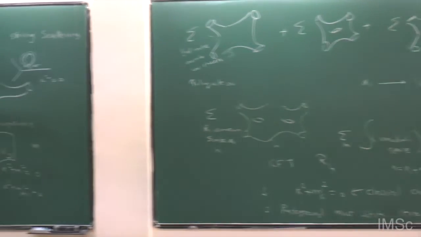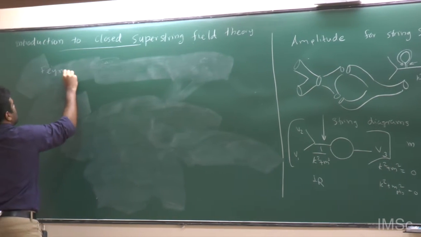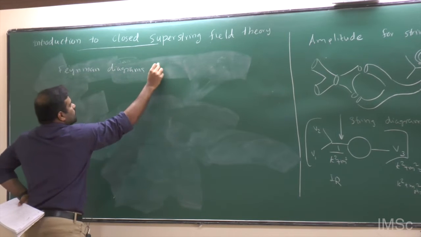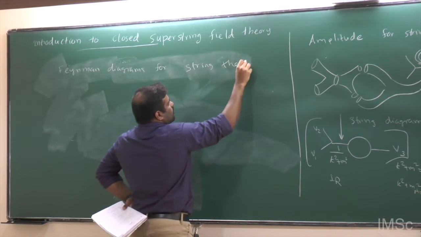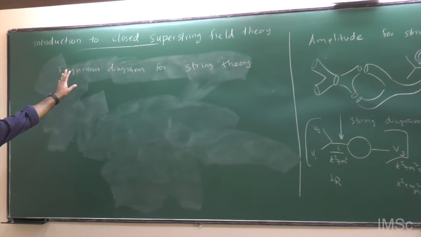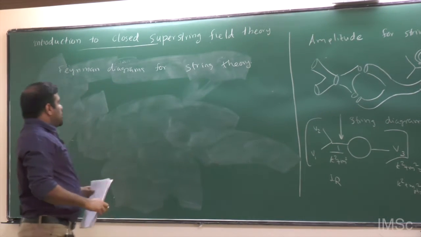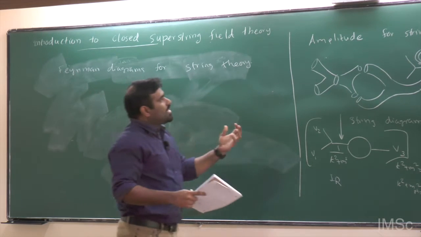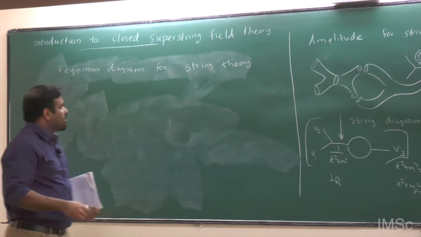So the idea is to look for a way that constructs Feynman diagrams for string theory. Here I am literally talking about Feynman diagrams, not the string theory analog of Feynman diagrams. You can construct Feynman diagrams if you have a quantum field theory that describes the dynamics of string theory, or string diagrams, or the interacting strings.